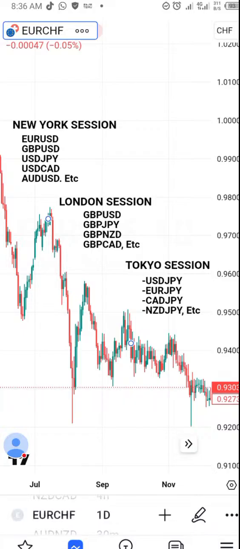So when that time is up, you know that okay, these are the pairs that I can trade during this time. So that is what a trading session is about. Knowing the right time of a particular market, when it opens, when it closes, the currency pairs to trade at that time.